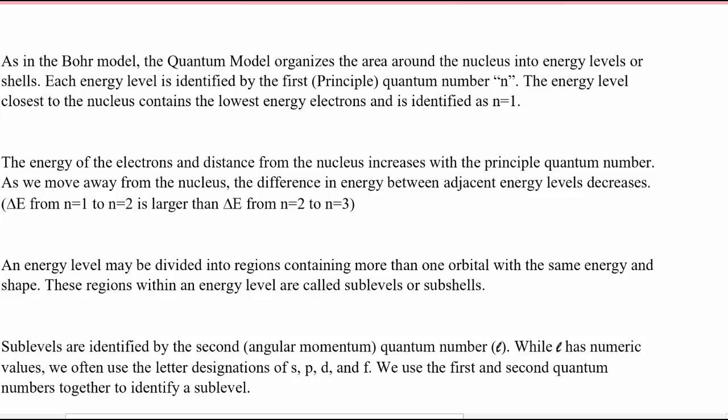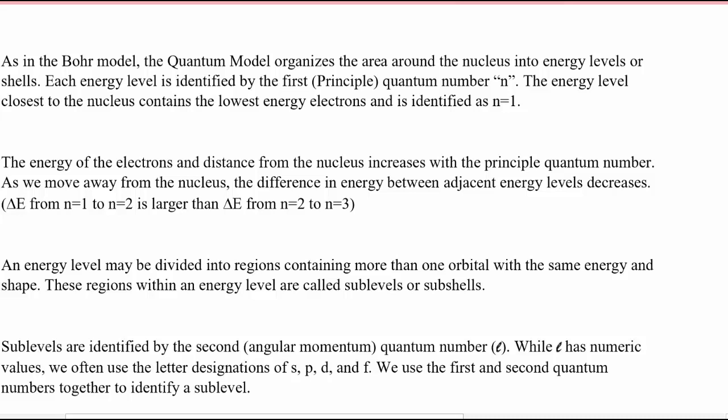When I talk about the energy of an energy level, I'm talking about the energy of the electrons that are in orbitals that are on that energy level, which specifies distance from the nucleus. So n equals 1, it's the closest in, and it's the lowest energy. n equals 2, a little bit farther out, and the electrons that are in n equals 2, or the second energy level, have a little bit higher energy.